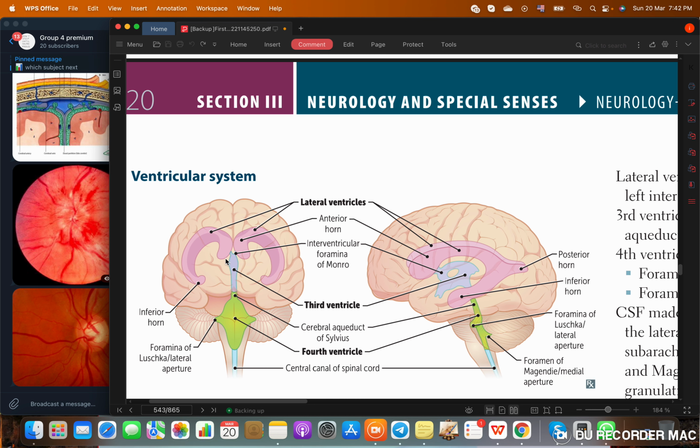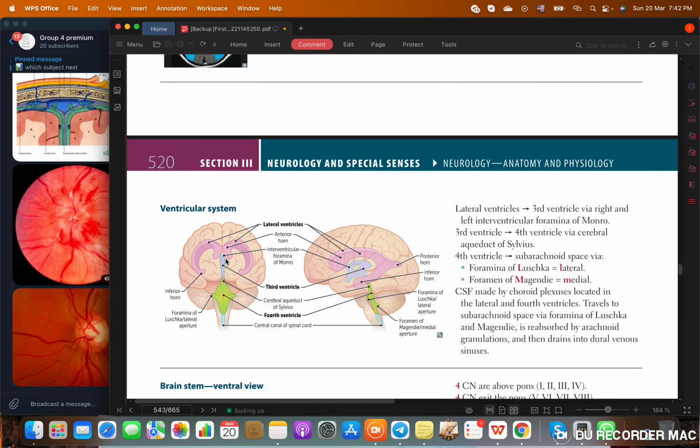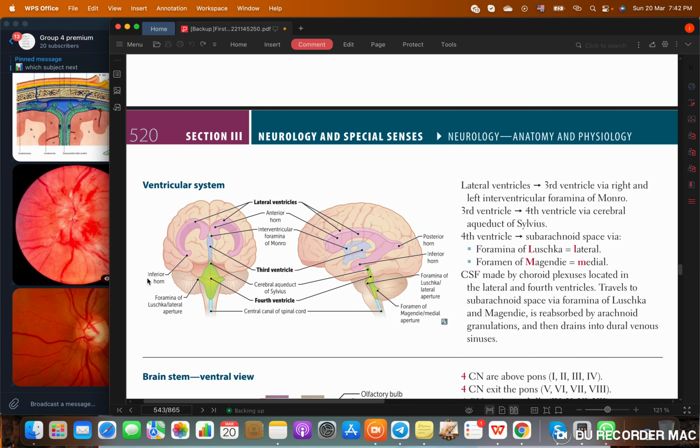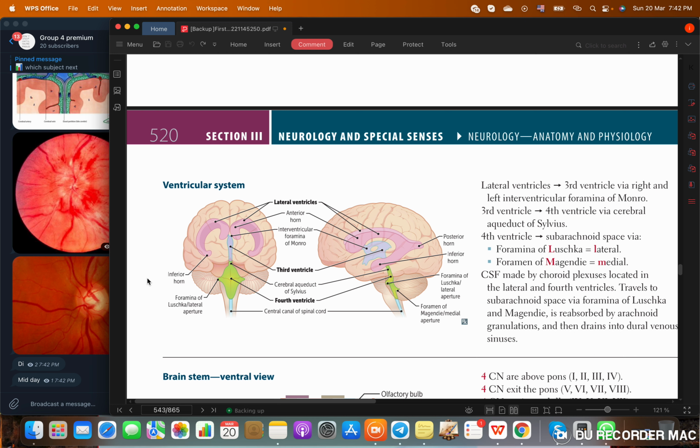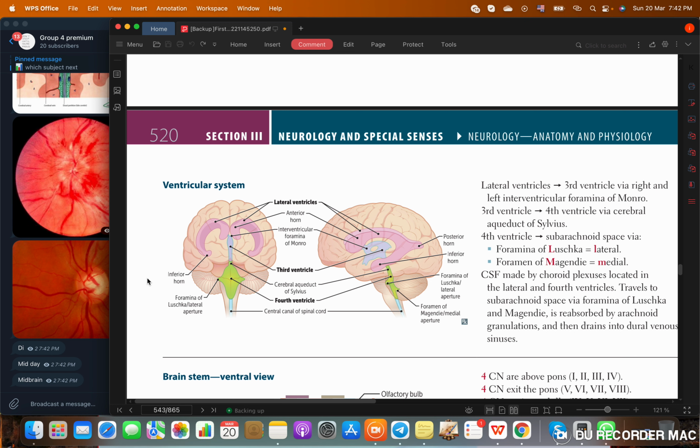The lateral ventricles are located within the hemispheres, within the telencephalon. However, the third ventricle is located inside. Can somebody tell me inside of which structure it is located? Remember, yes, excellent. The diencephalon is where it is located, which is composed of the thalamus and the hypothalamus, right?